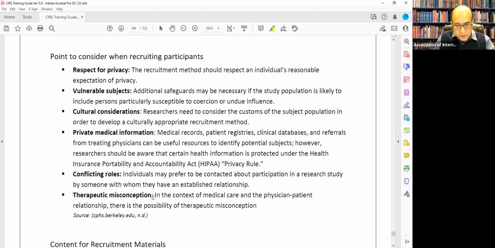So I guess this is what therapeutic misconception is, in the context of medical care and physician. There is the possibility of a therapeutic misconception. I don't know exactly how to put it, but for some people, I don't know if you have gone through this situation, there are certain people who are very enthusiastic about participating in surveys.